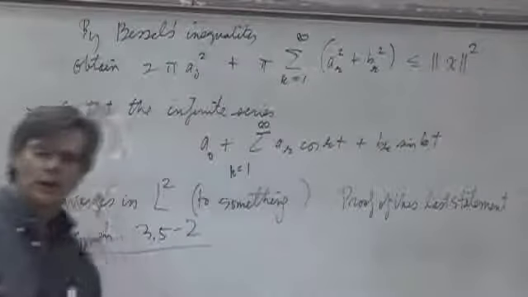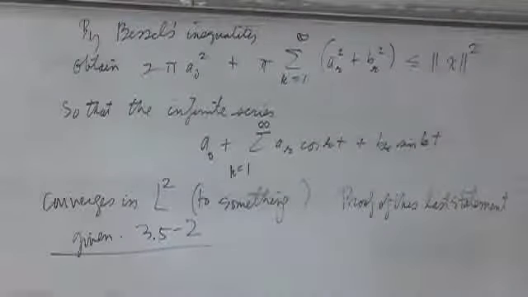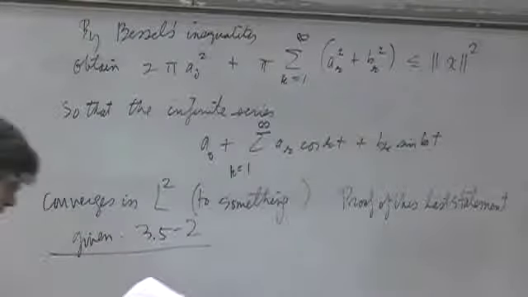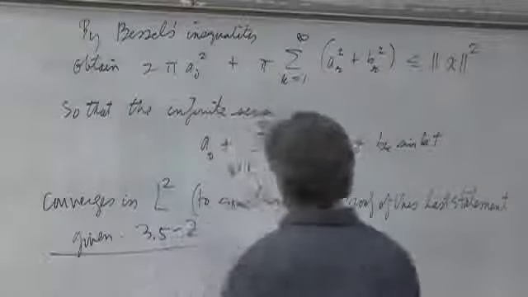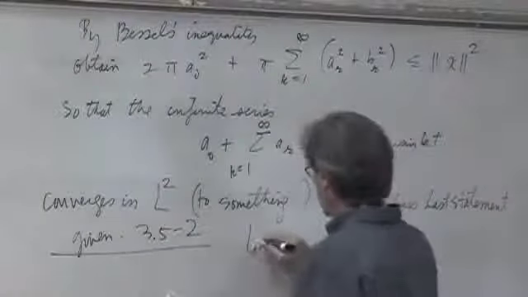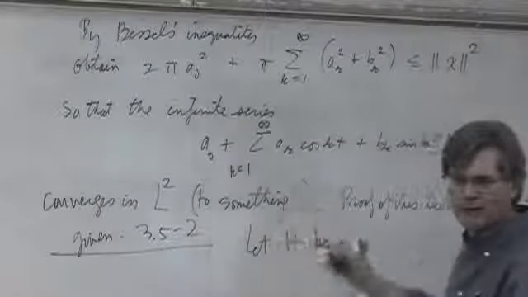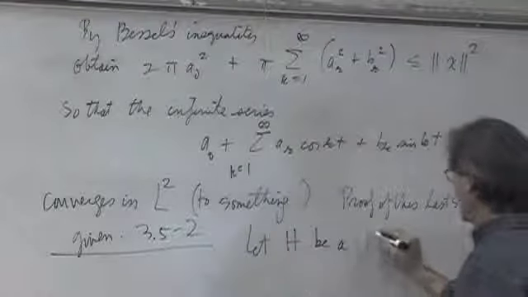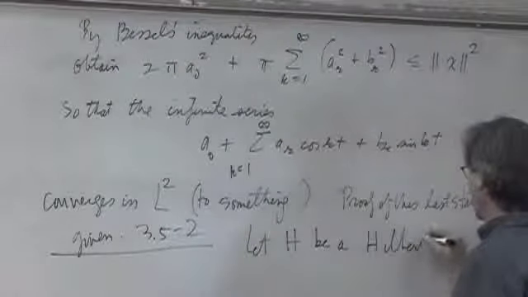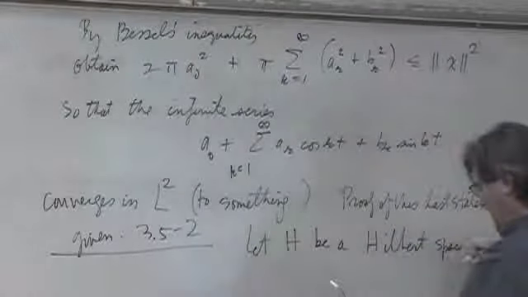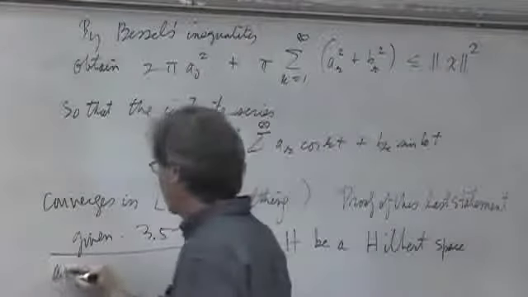Okay, so it's only going to use Bessel's inequality. How do I prove that this can, so here's the statement of the theorem. Let H be, so let's go ahead and do the abstract thing. Okay, let H be a Hilbert space, and let ek be an orthonormal sequence.